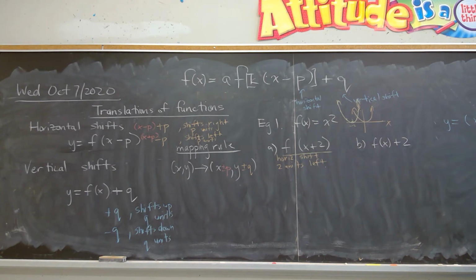Now we're actually jumping the gun a little bit, Sava, but this is also a horizontal shift left 2 units. This is also a horizontal shift left 2 units. And this is also a horizontal shift left 2 units.